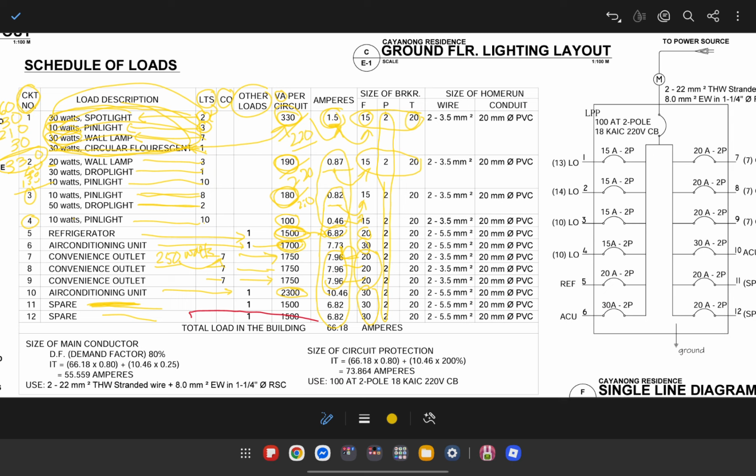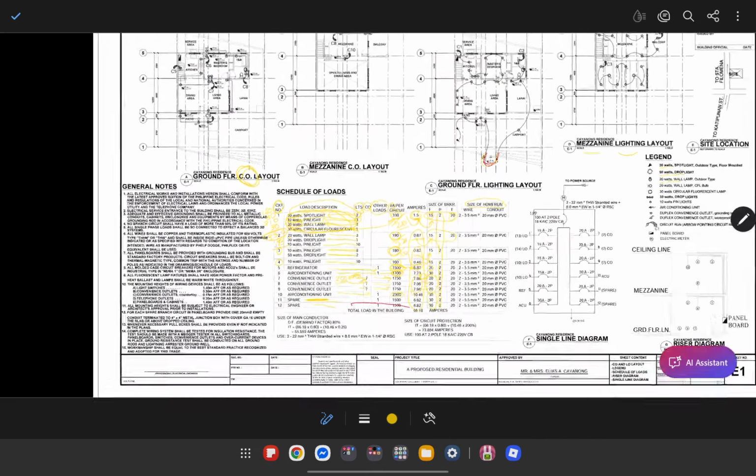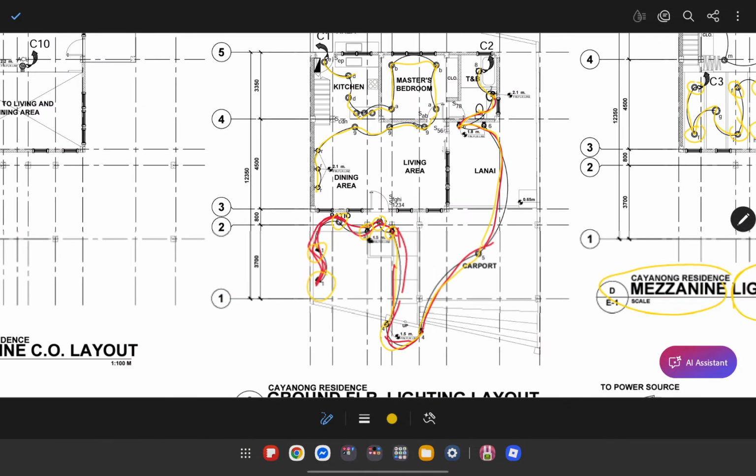So next would be the size of the home run. Basically this is the size of the wire that each circuit will be using. Again, this will rely on the number of fixtures attached to it, and the size or wattage of the appliances that use this circuit.